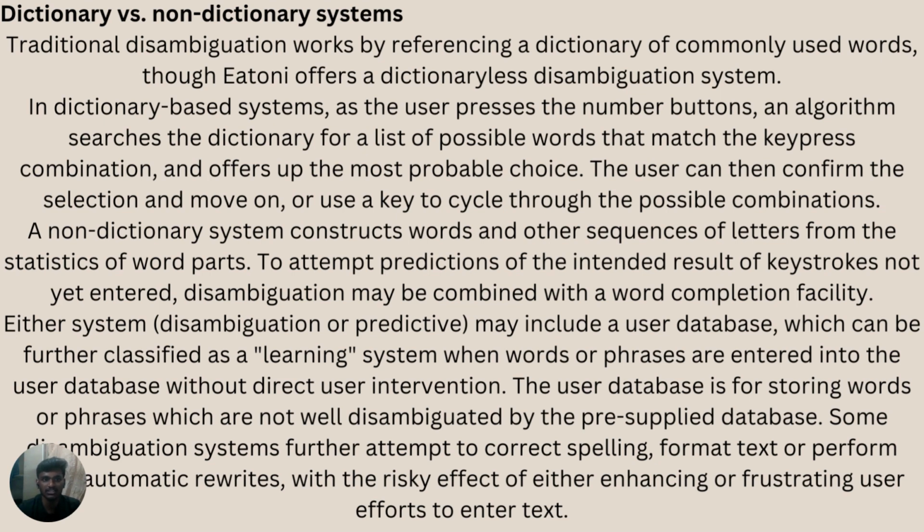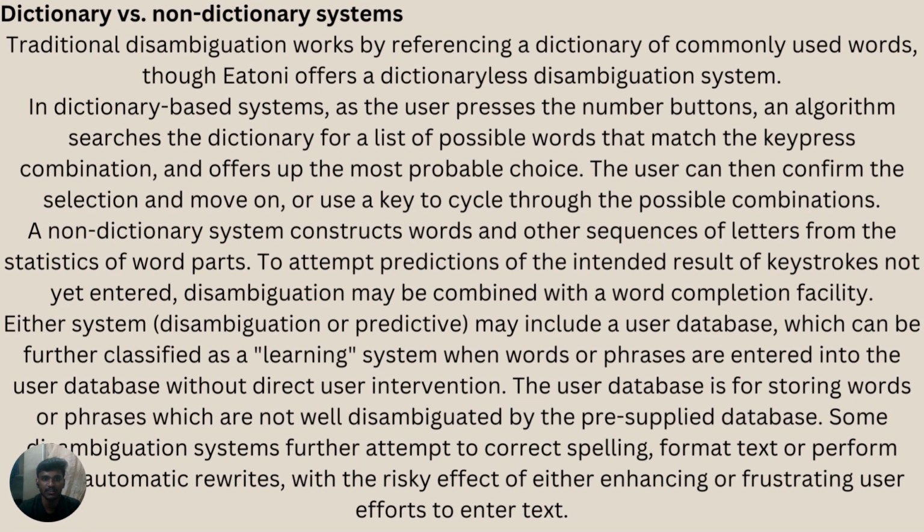A non-dictionary system constructs words and other sequences of letters from the statistics of word parts to attempt predictions of the intended result of keystrokes not yet entered. This disambiguation may be combined with the word completion facility. Either disambiguation system, dictionary or predictive, may include a user database, which can be further classified as a learning system.